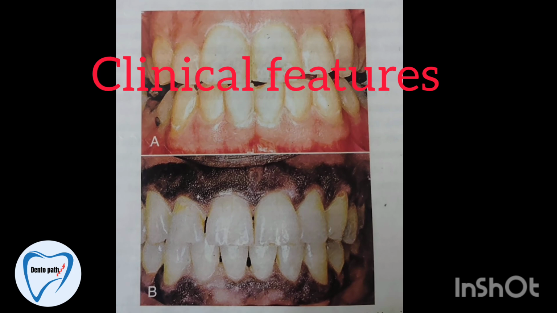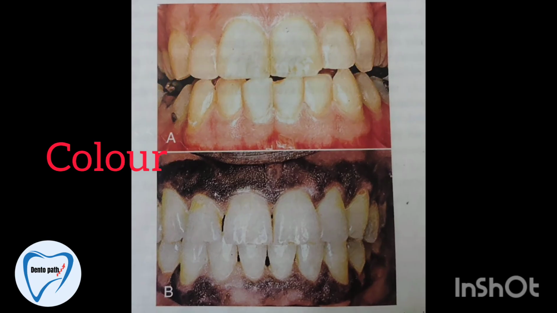Now we will see the correlation of clinical and microscopic features. Understanding the normal clinical features of the gingiva, starting with color. The color of attached and marginal gingiva is generally pink, produced by vascular supply, thickness of and degree of keratinization of epithelium and the presence of pigment-containing cells.